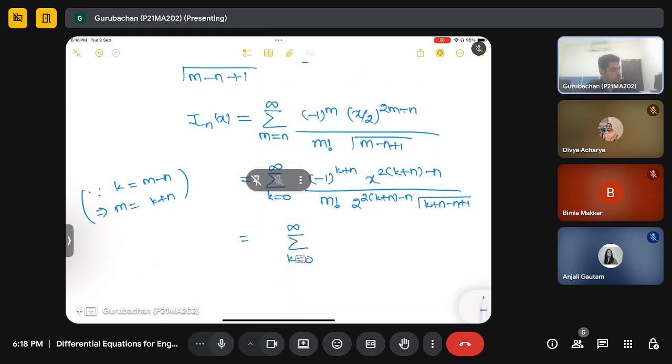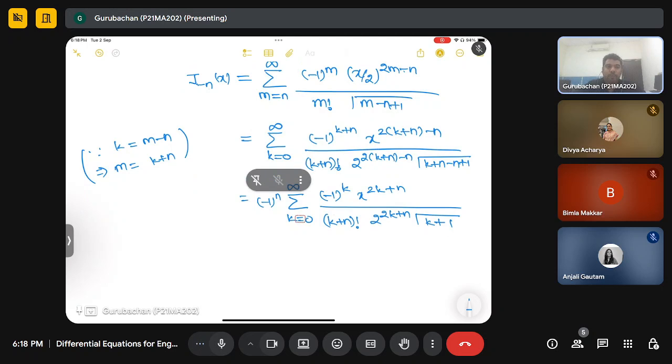We can take minus 1 to the power n outside, and this will give minus 1 to the power k, x to the power 2k plus n divided by, sorry, here we have to put the value of k, so this will give you (k plus n) factorial.